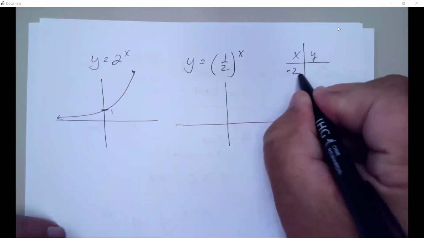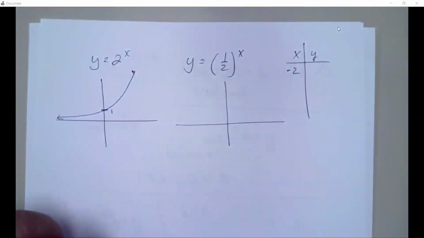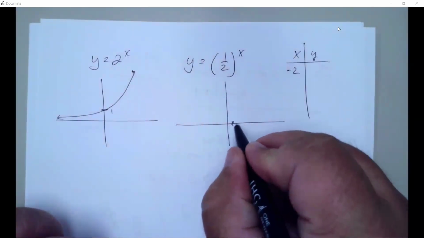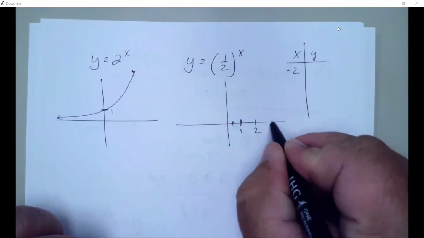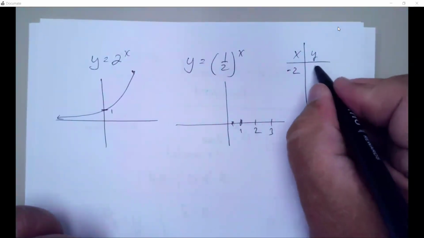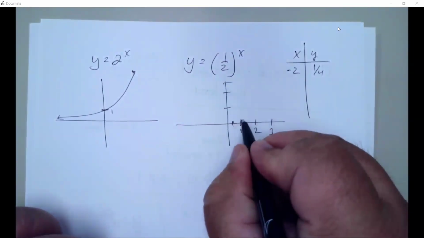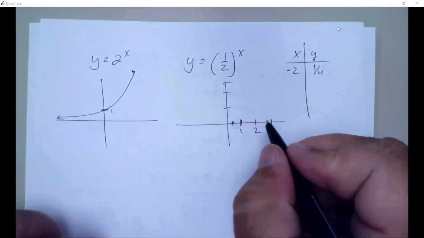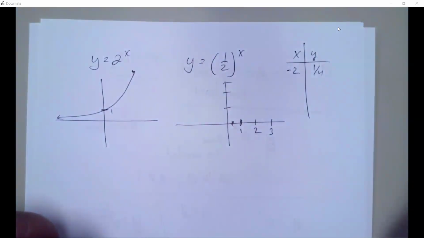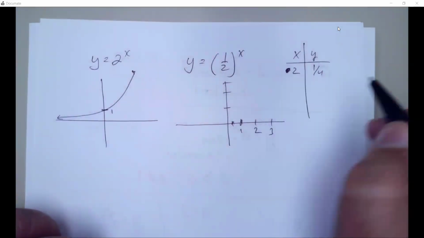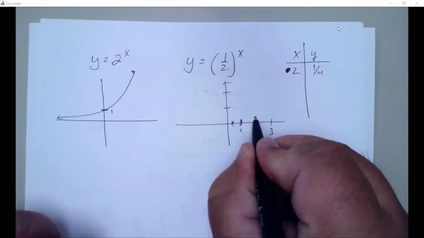When x is negative 2, what does that become? It becomes 4. When x is 2, it's 1/4.